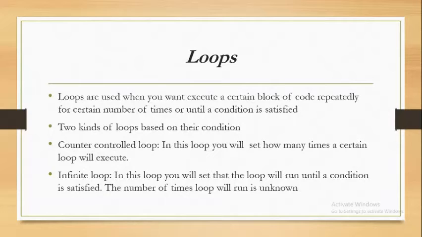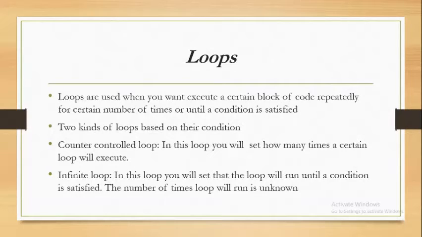The loop will stop running only when the user enters exit. So you don't know how many times the loop will run, but you just know that the loop will run until the user enters exit, and hence here the loop will run based on whether a condition is satisfied or not.